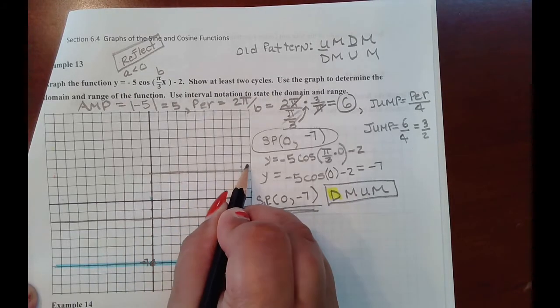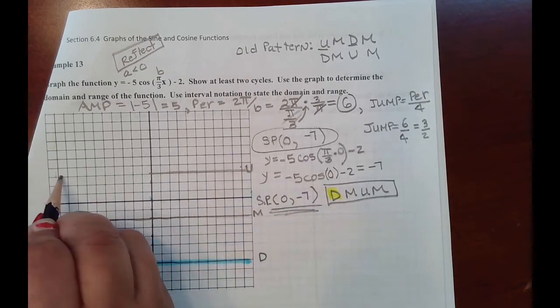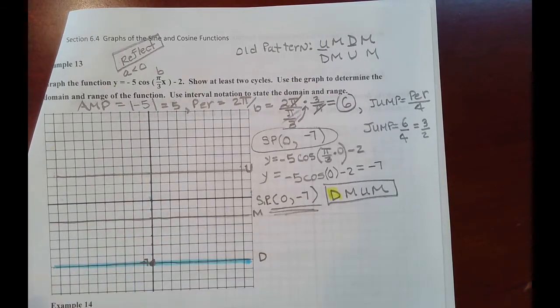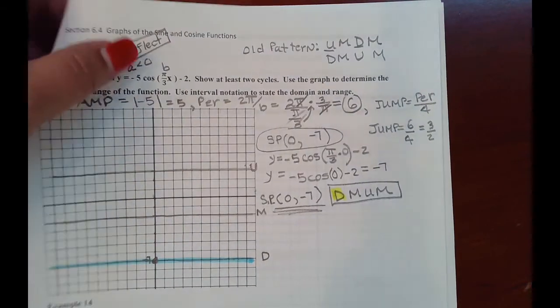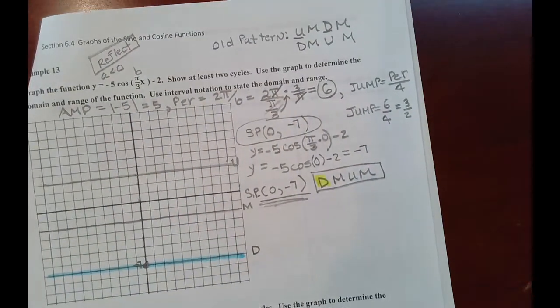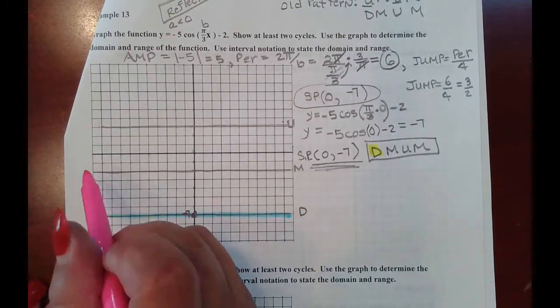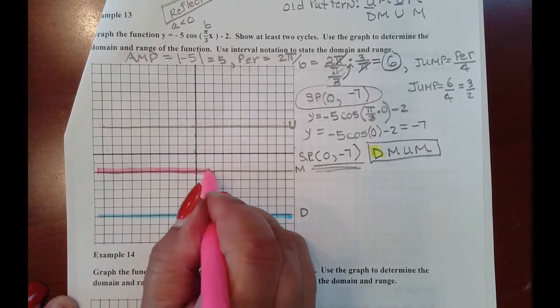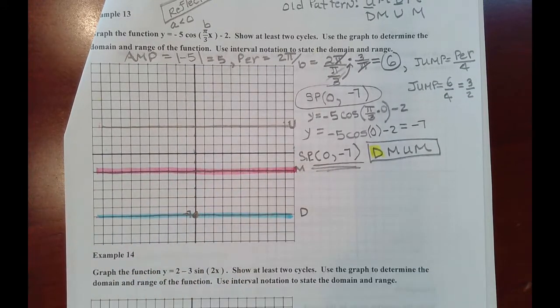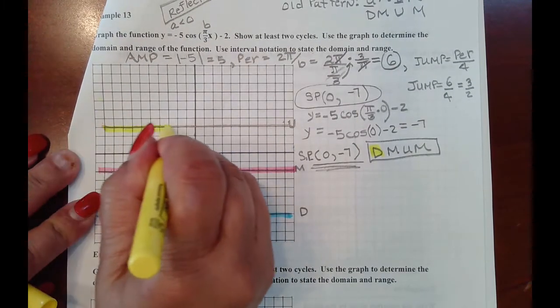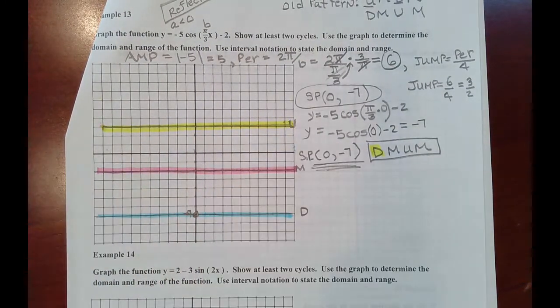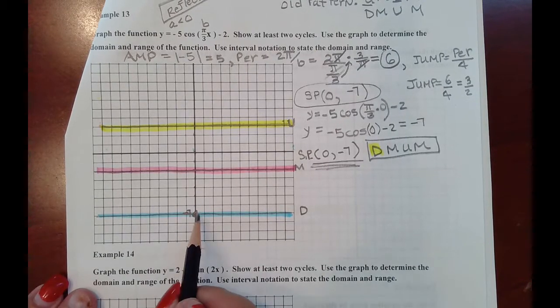And at the same time, you're helping yourself figure out what the range for this graph is going to be. So there's your middle level, and then your upper level is this one.